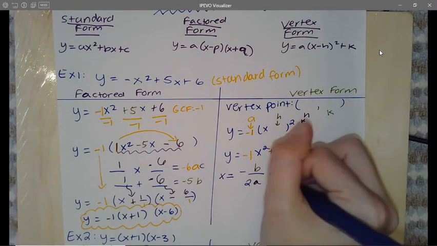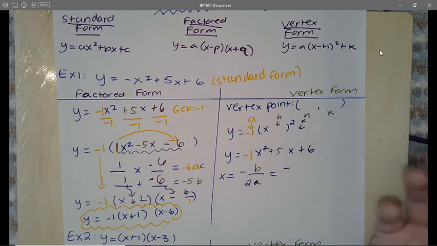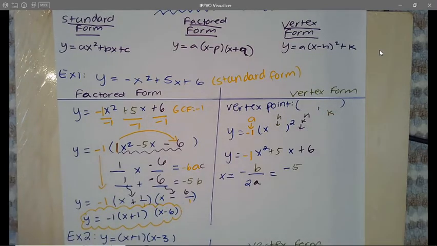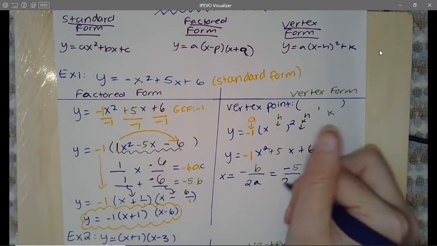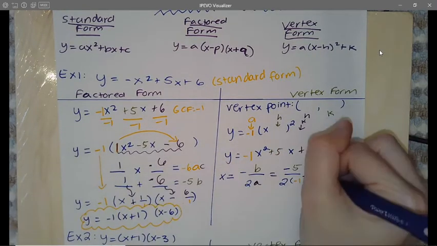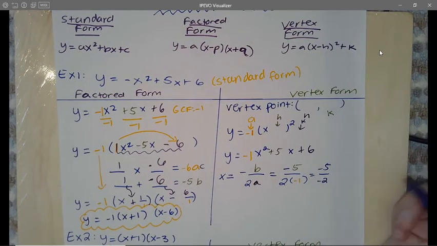So the opposite of +5 is -5 over 2 times a, which a is -1. So we're going to have -5 over 2 times -1, which is -2. And guess what, you guys?